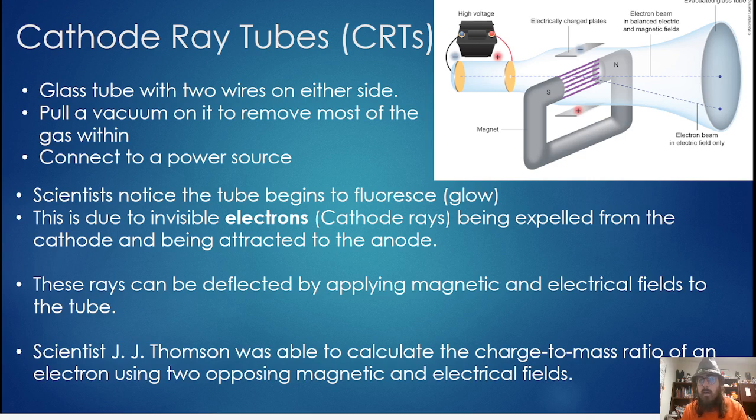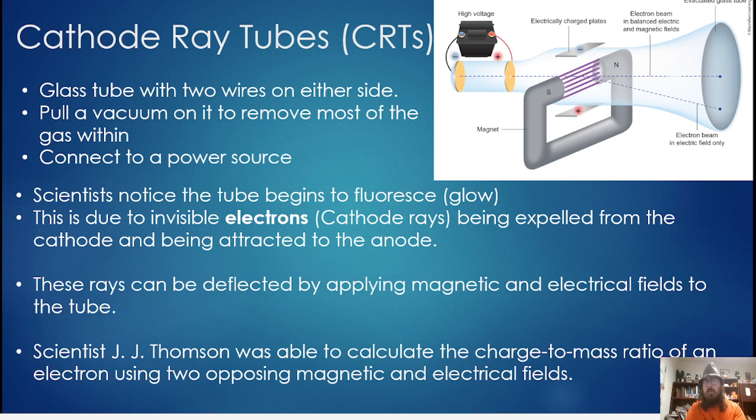He's able to then apply a magnetic field with a constant field gradient. That's going to deflect the ray in one direction. However, he's going to provide another variable external electrical field. And this electrical field causes it to deflect in the other direction.